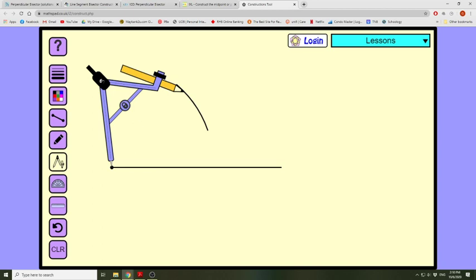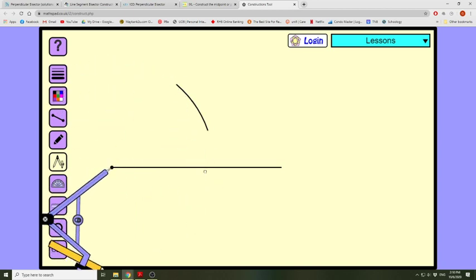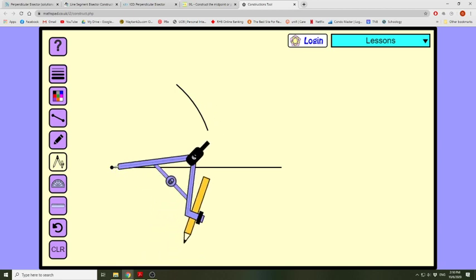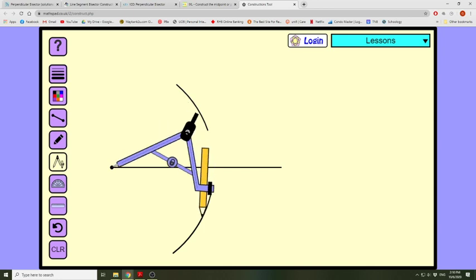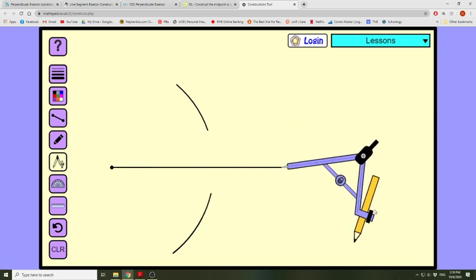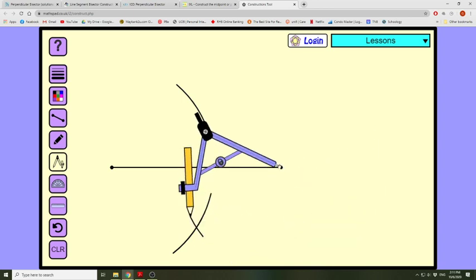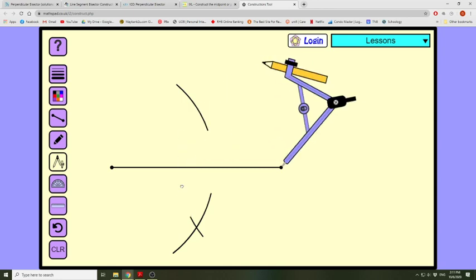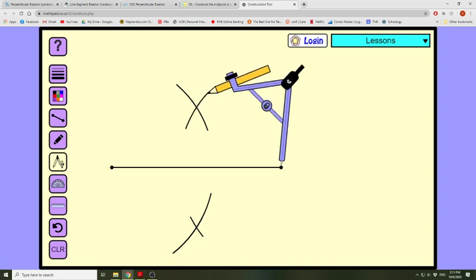Then we go to the Ferris wheel, click here, then we draw here also. After that we move it to this side, go to here, then we draw. Then here. It's not going to be easy, but at least you have no excuse now.